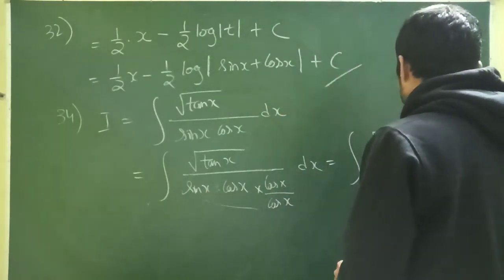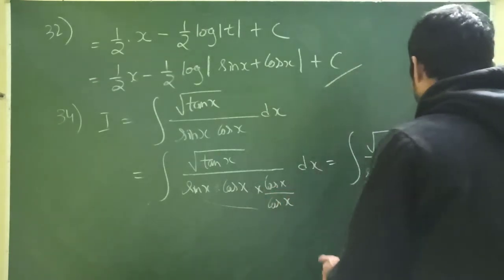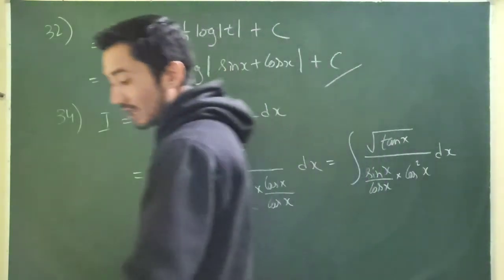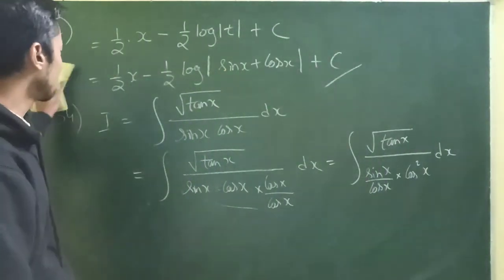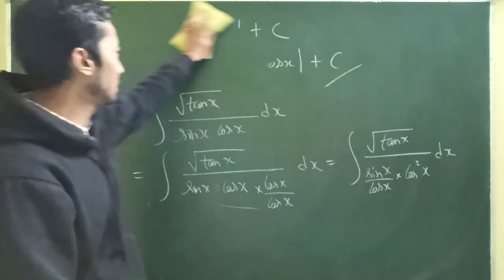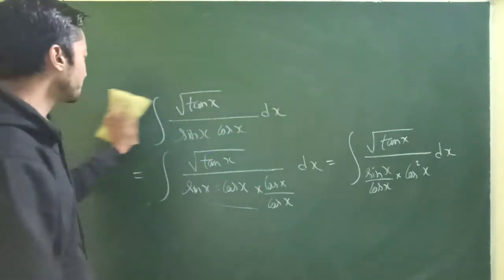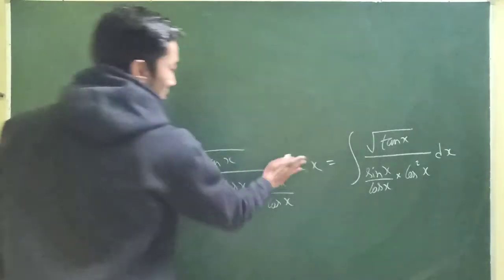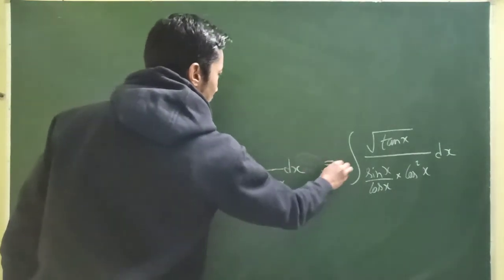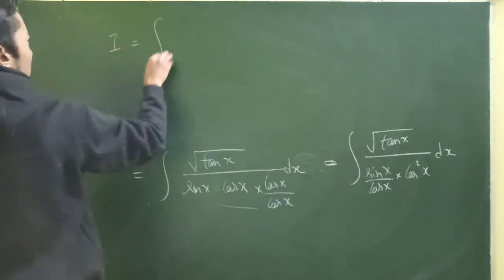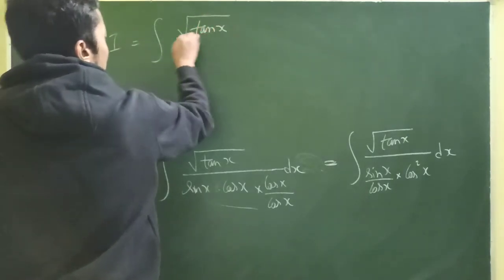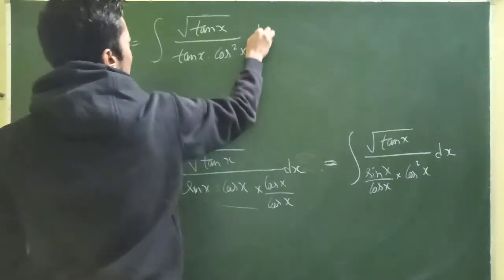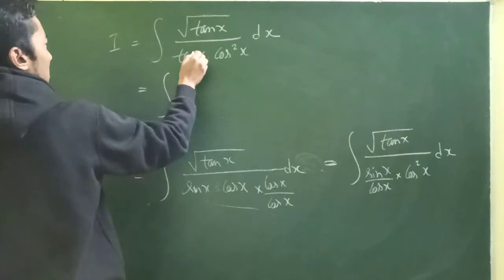Sin x by cos x into cos x, cos square x. Where am I going? What am I doing? You will get to see how things are planned out. Because 1 by cos x is sec x. So I is equal to root over tan x divided by tan x cos square x with respect to x.